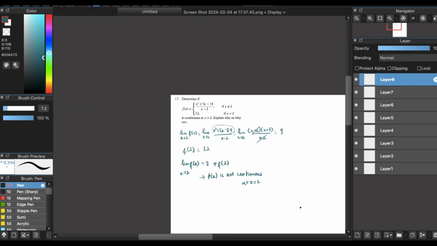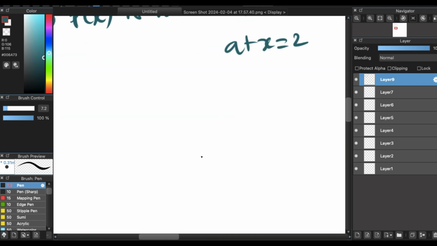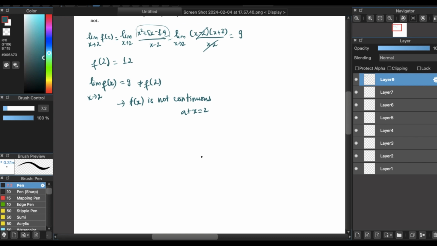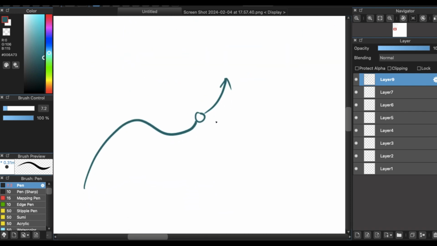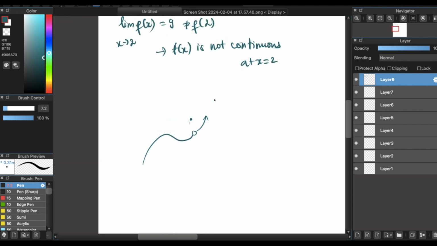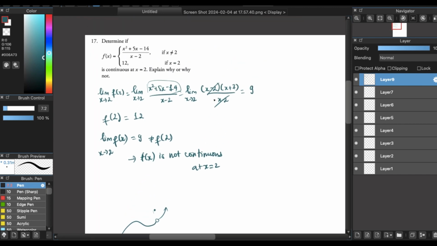It's going to look something like the graph that we had earlier in the video. Something like a different value above here, and so it's discontinuous.